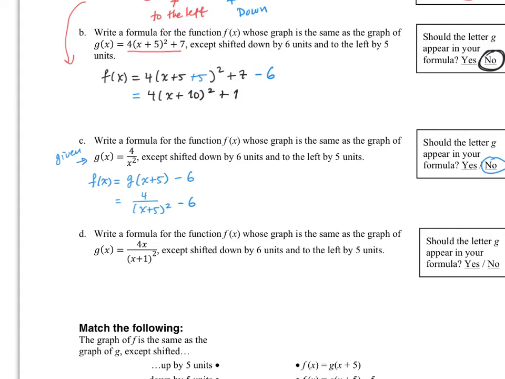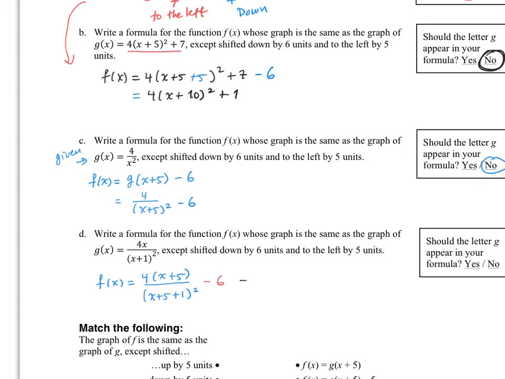All right, part D is a little more tricky, but it's the same idea. So here f of x is going to be 4 times (x plus 5), since you're moving everything to the left 5 units, and then this will be (x plus 5 plus 1) squared, and then you're going to shift it down by 6 units.